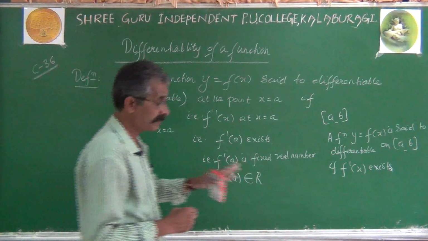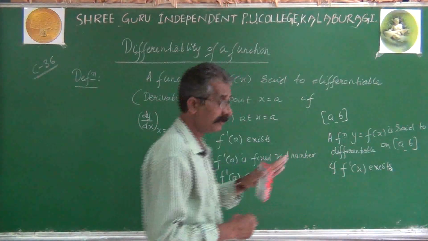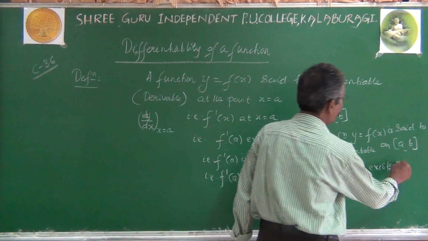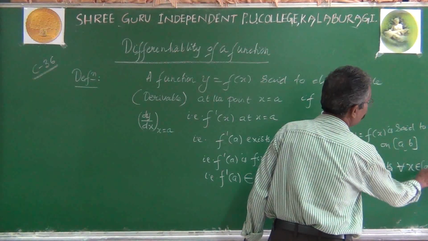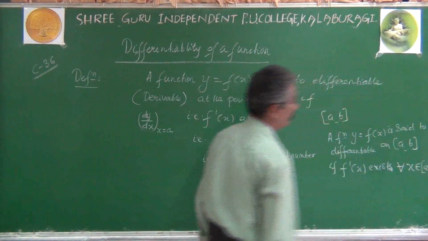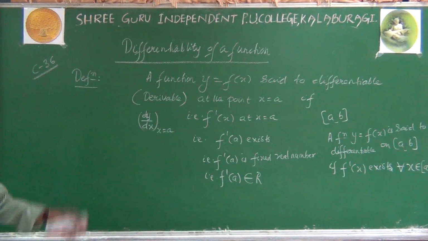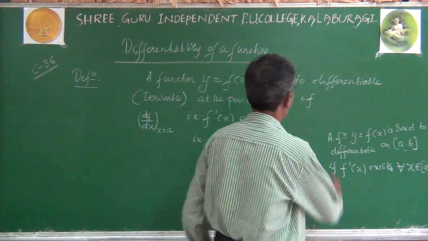F dash exists means the value is a fixed, known real number. If f dash of x exists for every x belonging to the interval a comma b, that's the definition of differentiability on a closed interval a comma b.